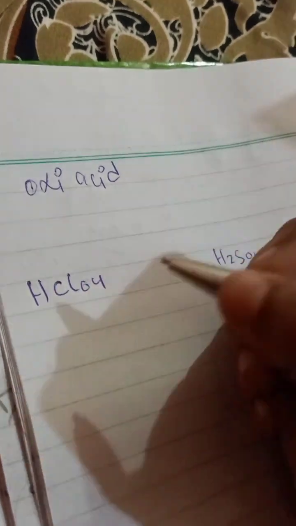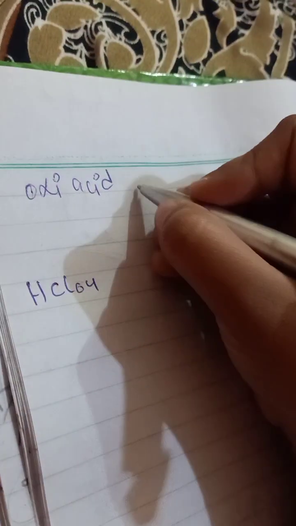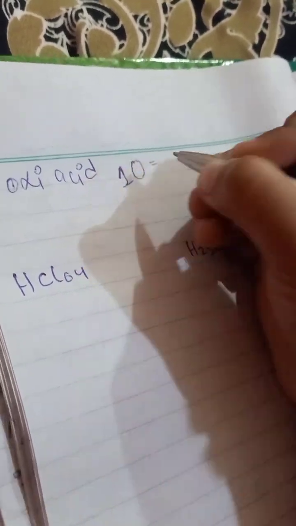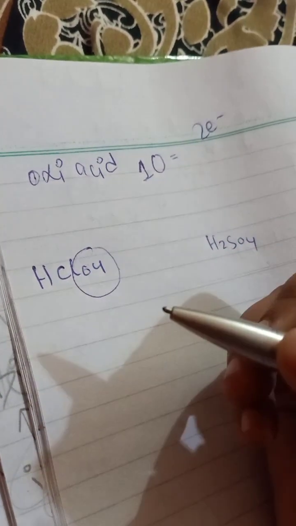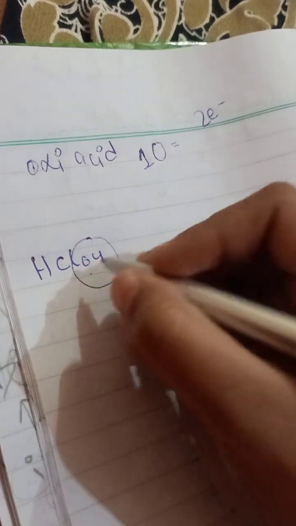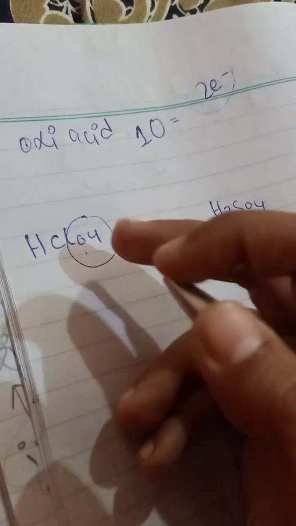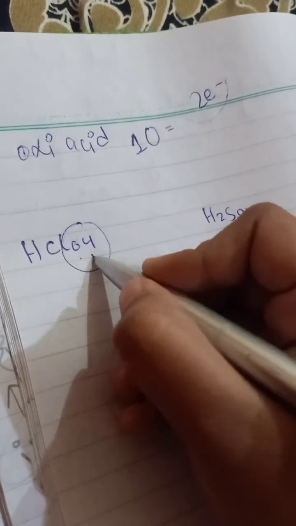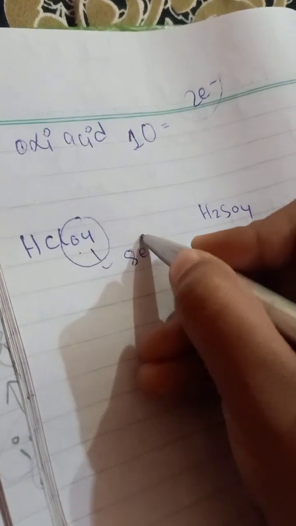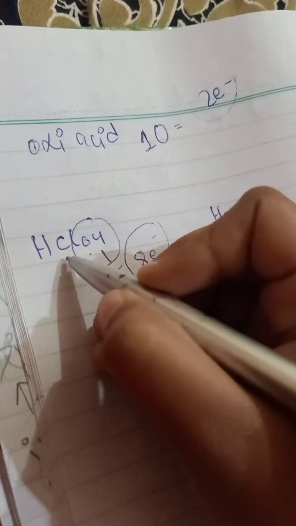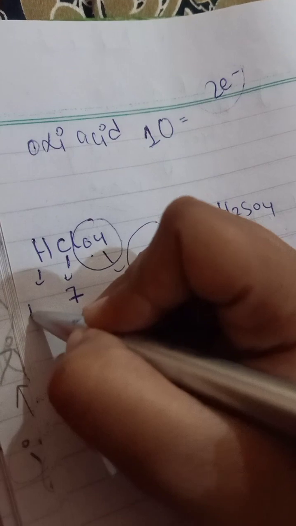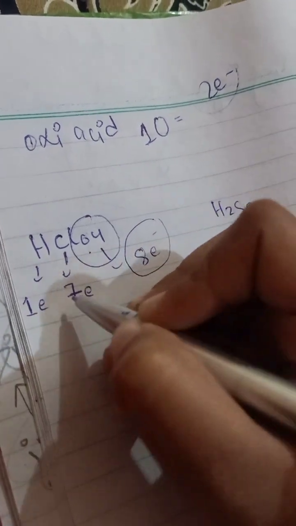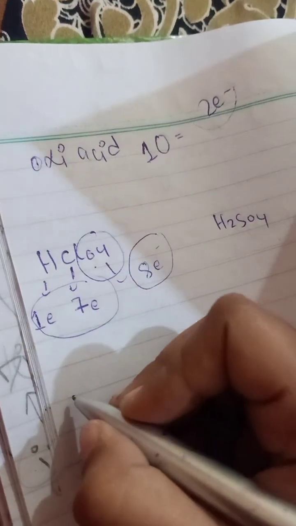As you all know, one oxygen basically needs 2 electrons. Here we have 4 oxygens, which means it wants 8 electrons. In the outer shell of chlorine we have 7 electrons, and here we have 1 electron, so here we have 8 electrons.